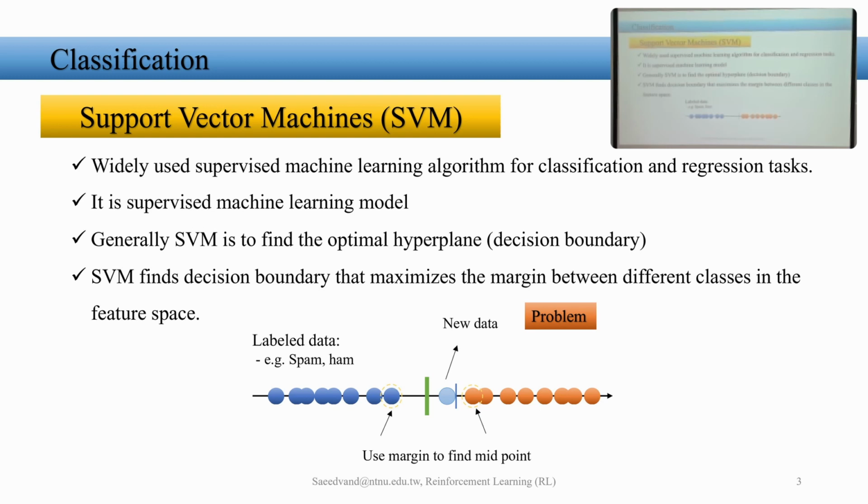Now, when we want to solve classification tasks, we want to find a point that splits these two data into two separate parts, so that if new data comes, I can tell if it's spam or ham. So I want to find this classification or split point over there. Now, let's say this is our split line.